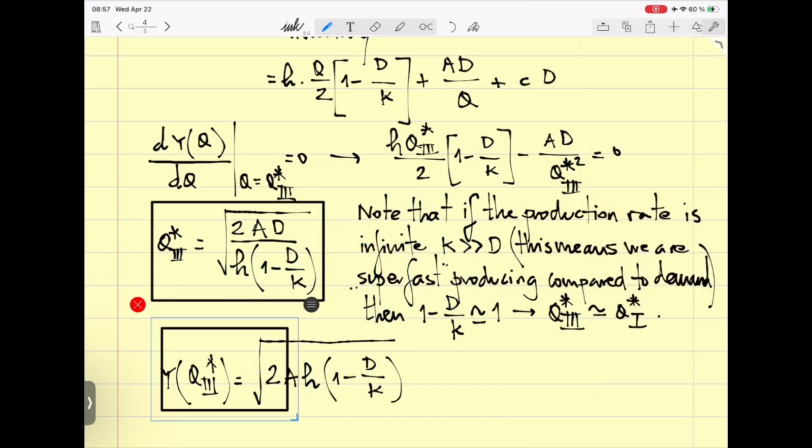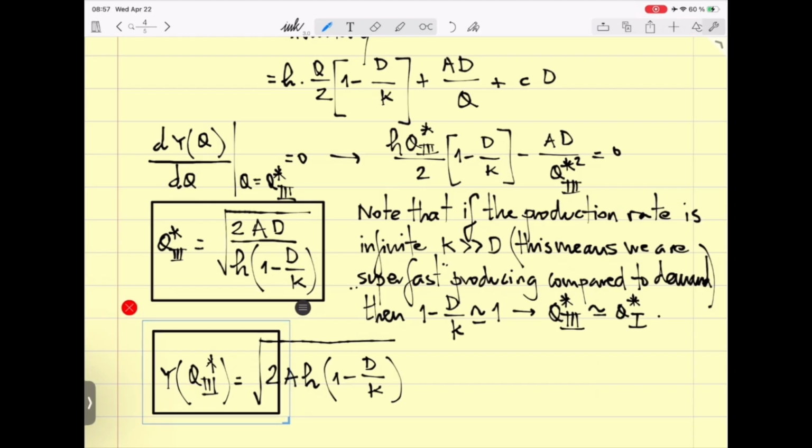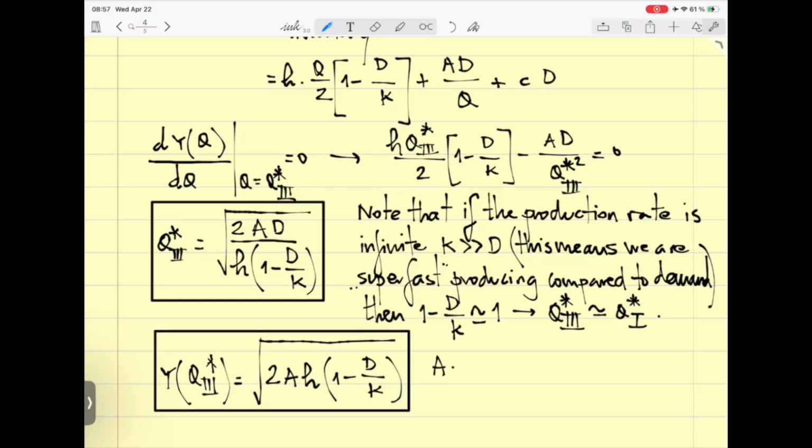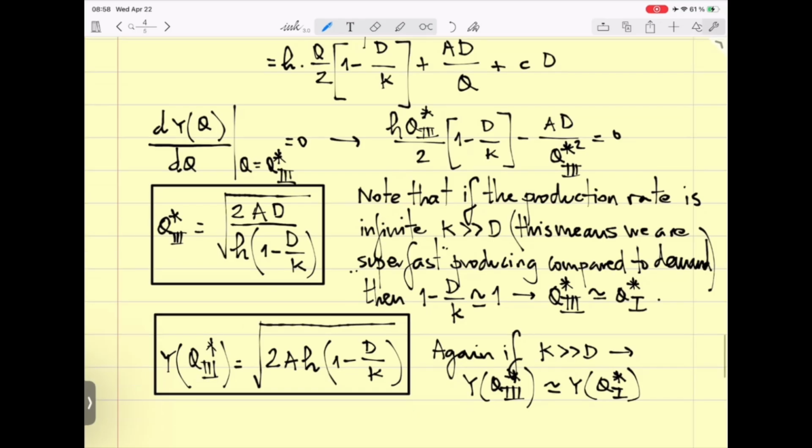Here, again, if K is much bigger than D, then the cost is basically the same, the models become the same, and we can approximate the third with the first model.